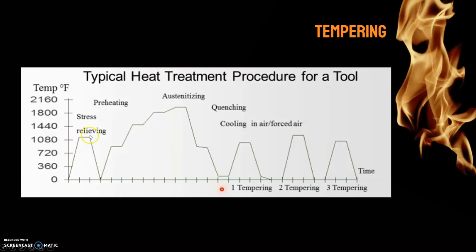First they're going to anneal it, then preheat it, and then get it up to their temperatures. Then they're going to work it, and then quench it, and then this is the cooling in air, where they're doing their tempering cycles. They have three tempering cycles, slowly bringing it well below that temperature.